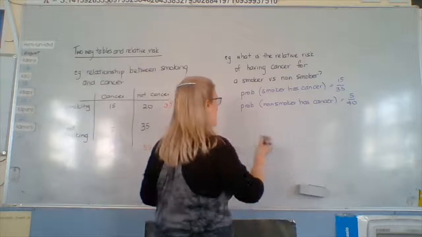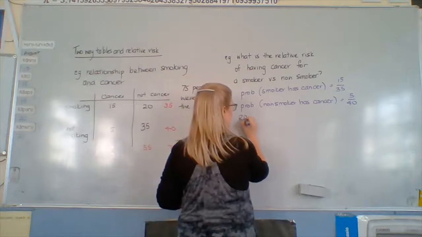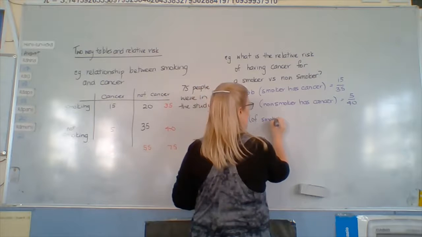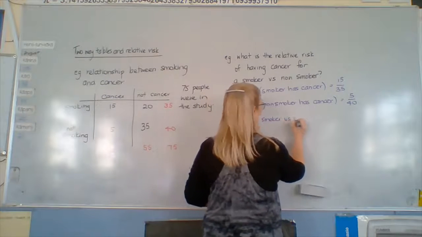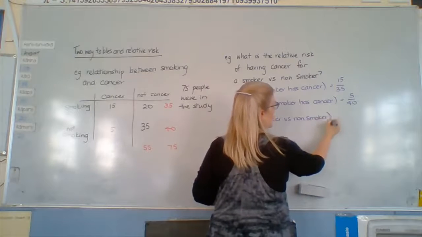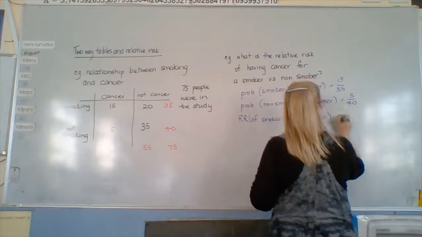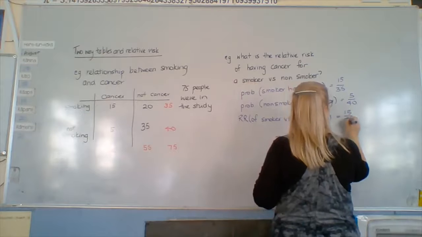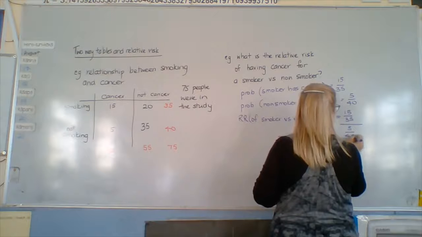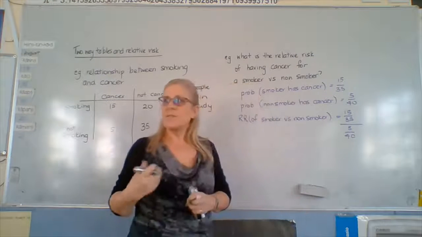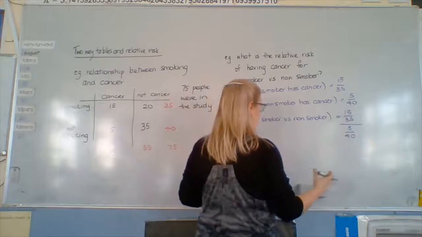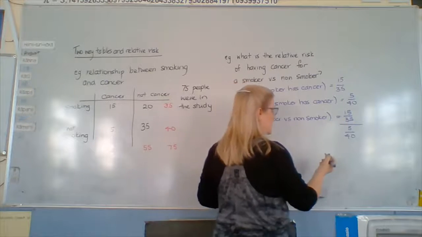So the relative risk, the first one is on the top, therefore it's 15 over 35 divided by 5 over 40. So knowing our good fraction work, when we're dividing a fraction, we times by the reciprocal.